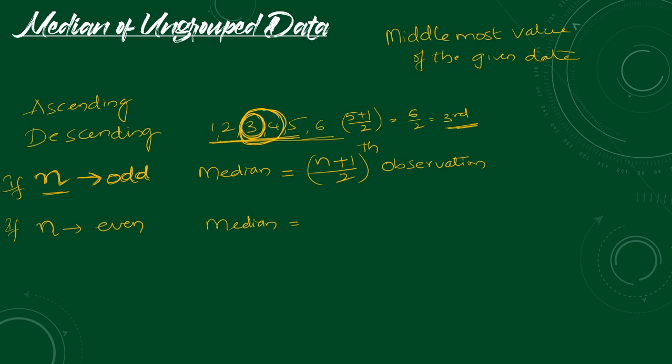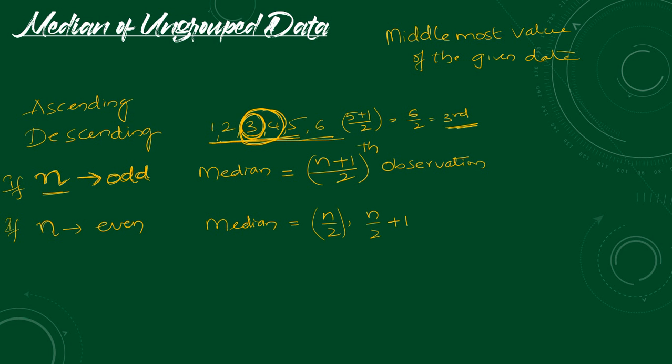If you want to find the median, we need to take the average of those 2 middlemost terms. Those 2 middlemost terms are the n by 2th observation and the n by 2 plus 1th observation.